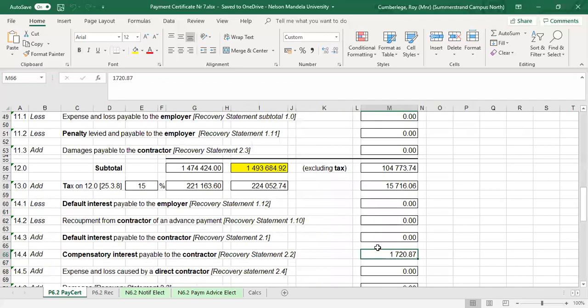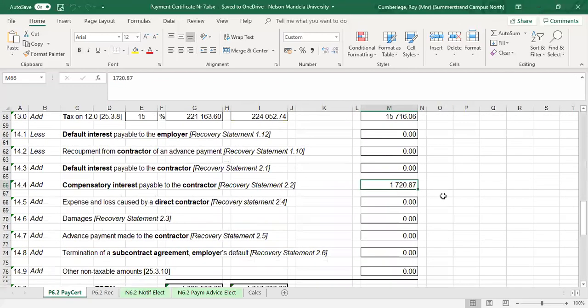So if we go back to my payment certificate, we add the compensatory interest, and remember what I've said, with a final payment certificate, you will always have compensatory interest.